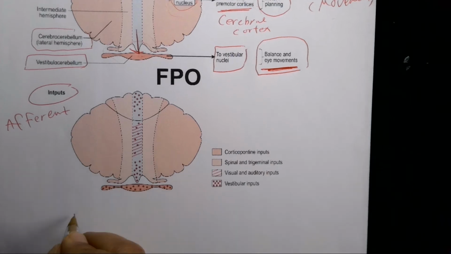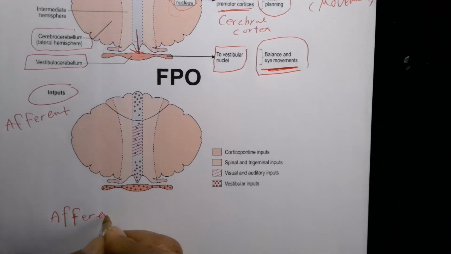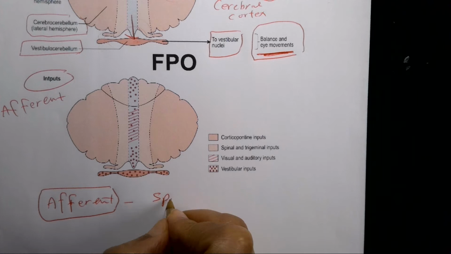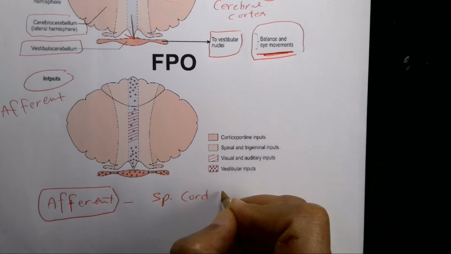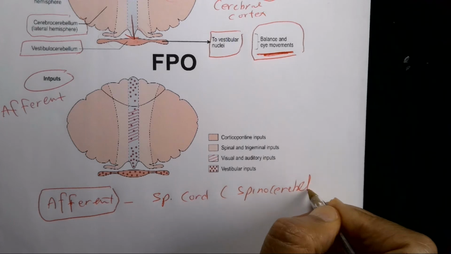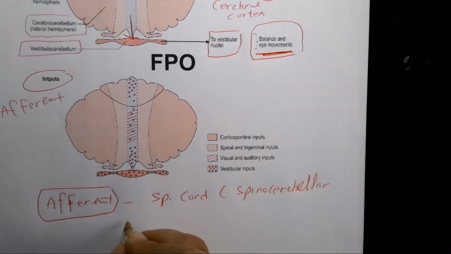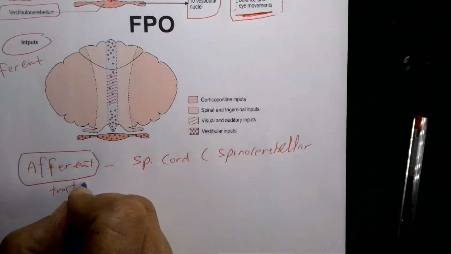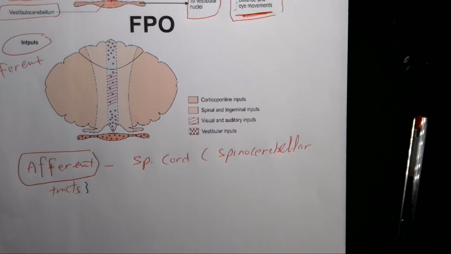So the afferents coming from the spinal cord come through what we call the spinocerebellar tracts. Those are the tracts which present information to the cerebellum about the position of the body and the balance.